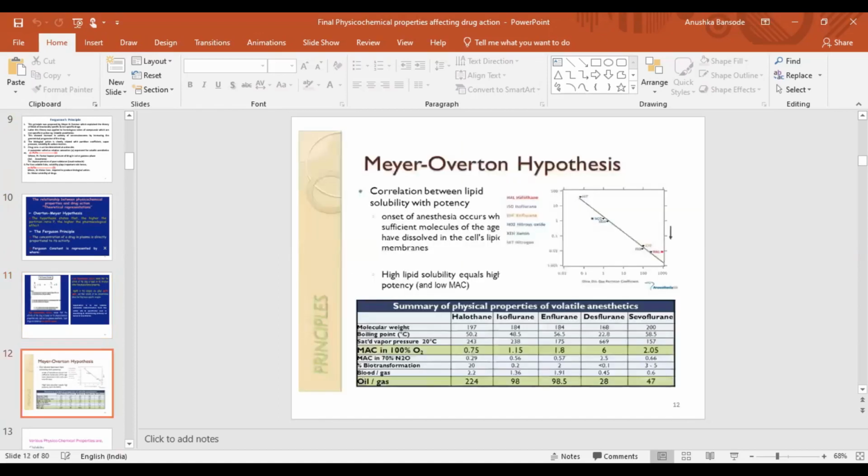Now moving further, Mayer and Overton gave an example of the volatile anesthetics which were used, wherein he summarized all physical properties of the volatile anesthetics. We can see the examples in the graph are halothane, isoflurane, enflurane, desflurane, sevoflurane, and how the onset of anesthesia occurs with sufficient molecules of the agent which have dissolved in the cell's lipid membranes, and high solubility has affected the potency.